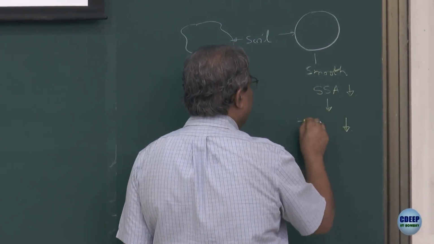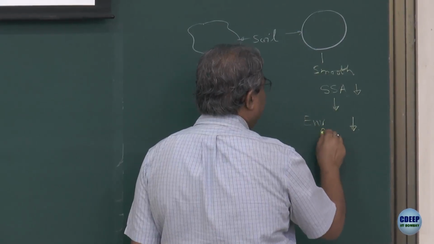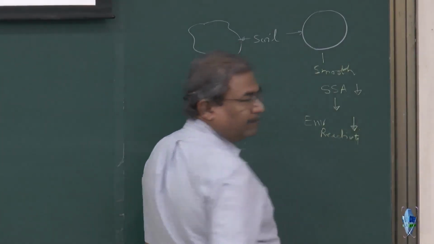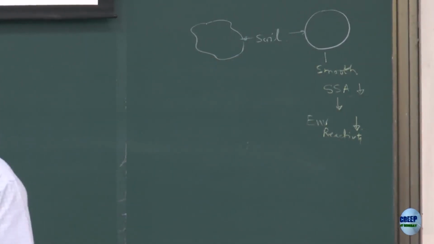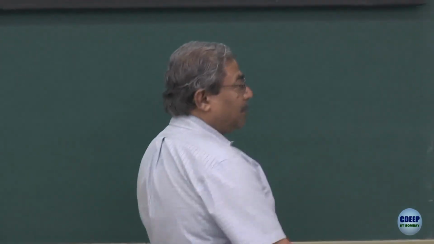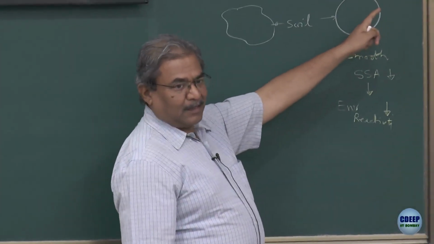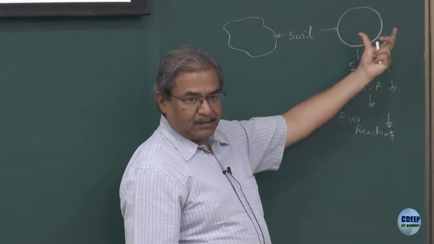So, environmental reactivity is going to be very, very low, passive materials. Okay? But what does nature do? Nature is very intelligent. Many times it coats something on top of this. Clear? So, this is a pure quartz.